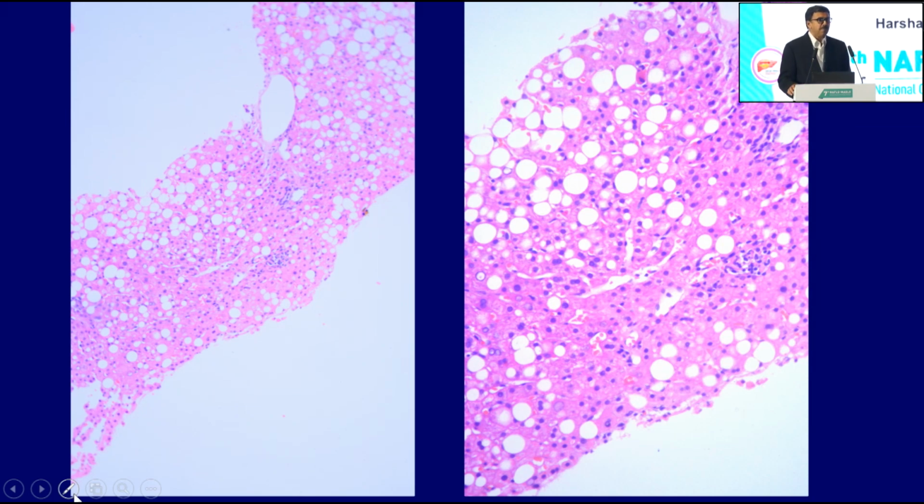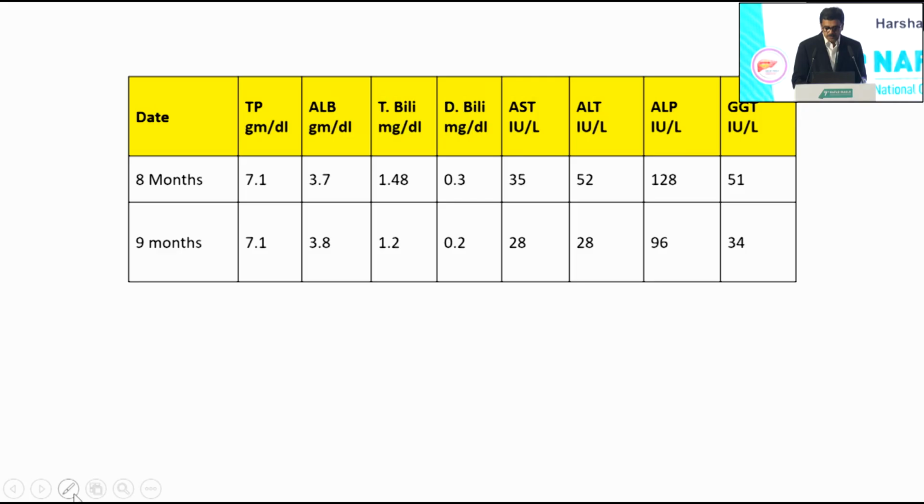He underwent a liver biopsy, and you'll notice here that he had significant micro as well as macrovesicular steatohepatitis with ballooning degeneration. After finishing his chemotherapy, 2 months after that, you notice that the bilirubin is almost touching normal with normal enzymes. And 9 months later, and now after 5 years, his liver function test continues to be normal.